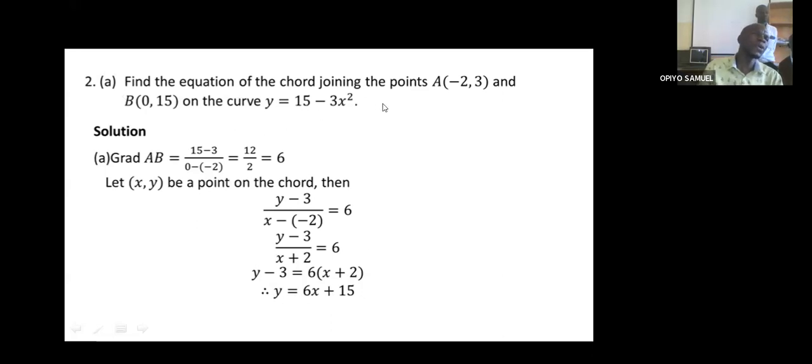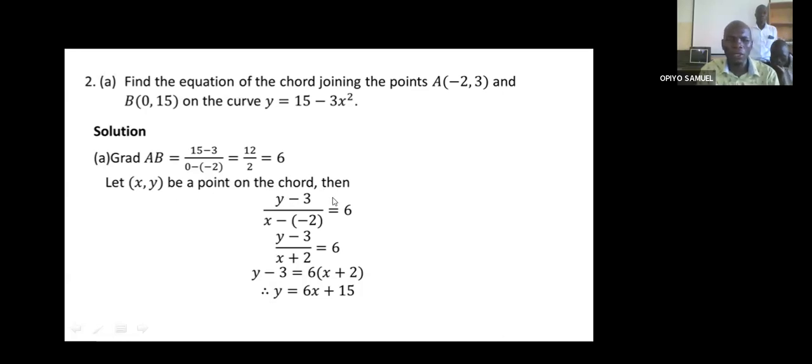So this is simply geometry of a straight line. You can see this is the equation of a line. Sometimes they give you the equation of a line passing through a point with the gradient known. So that will be simple, which means you are already at the point where I put let x, y be a point on the what?